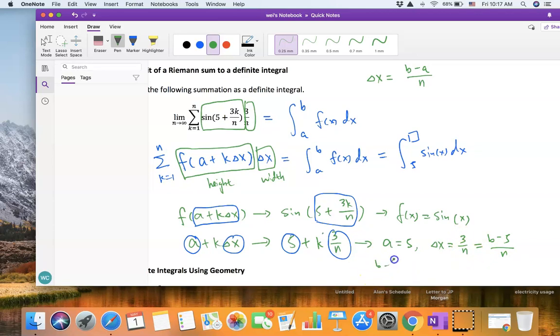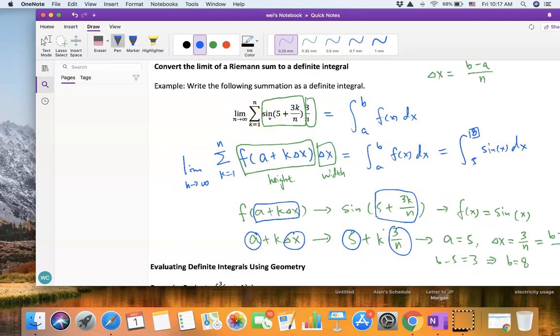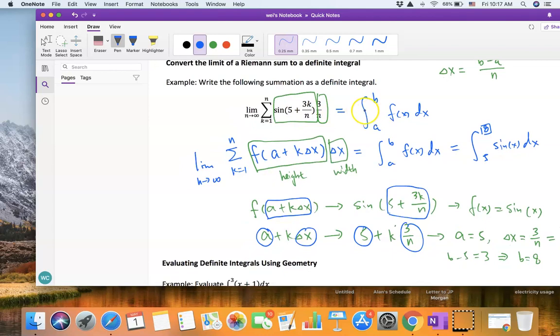In other words, we want to think about which number minus pi equals 3. So b equals pi plus 3. So when we write this Riemann sum as a definite integral, the answer will be the integral from pi to pi plus 3 of sine of x dx.